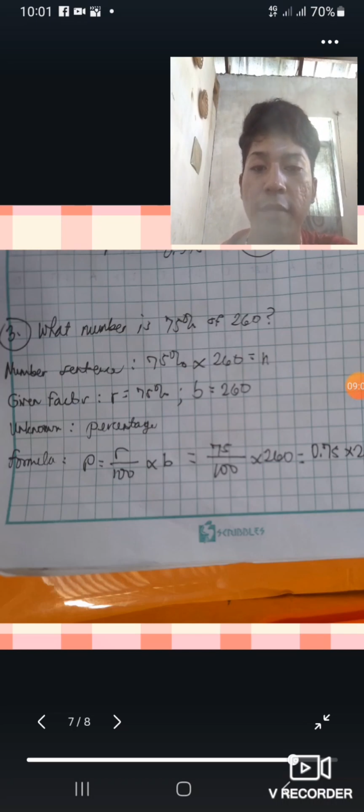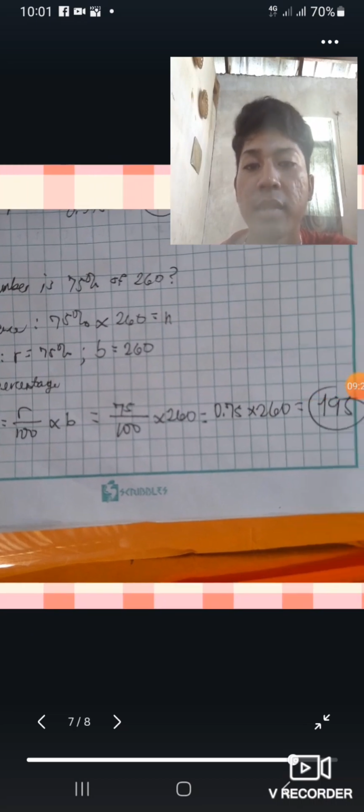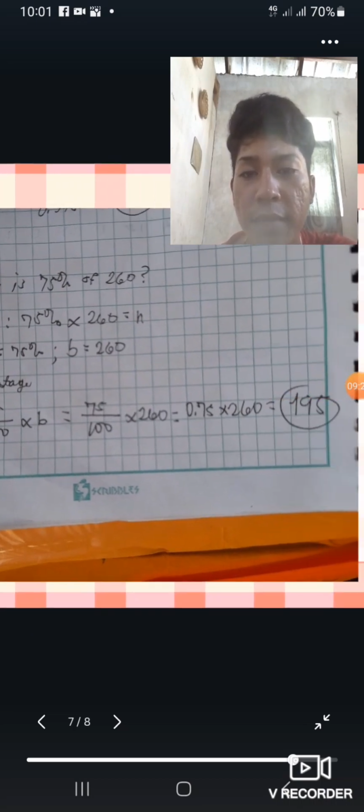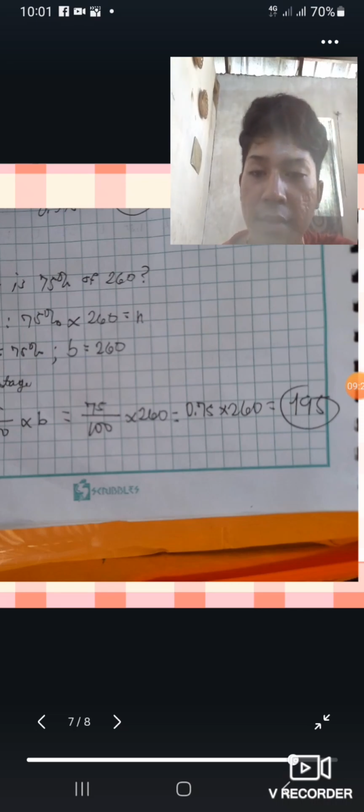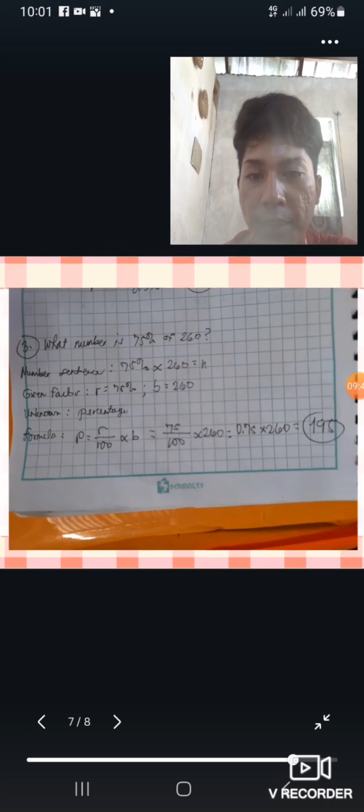So that equals 75 over 100 times 260. We translate 75 over 100 into a decimal, 0.75, and multiply it by 260, that is 195. So the unknown percentage is 195.